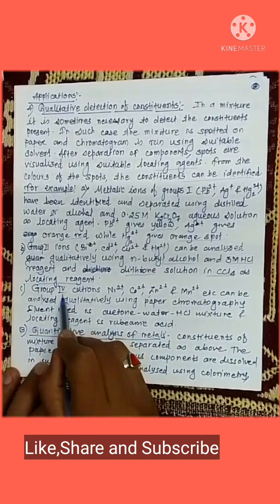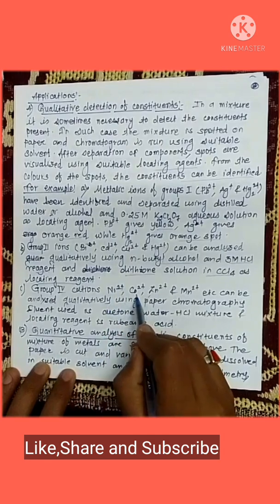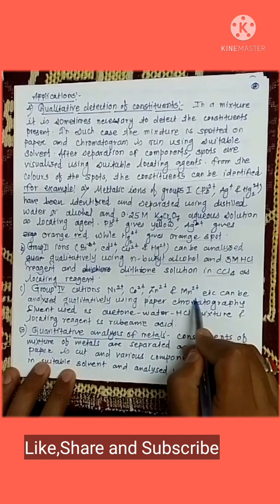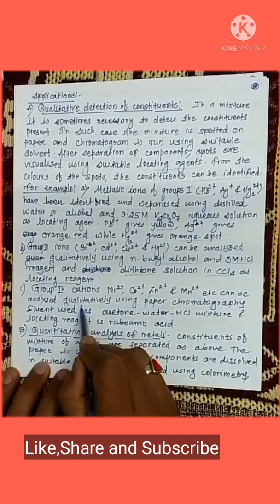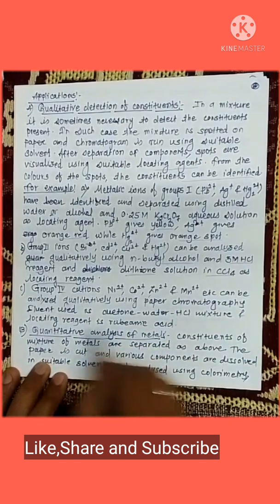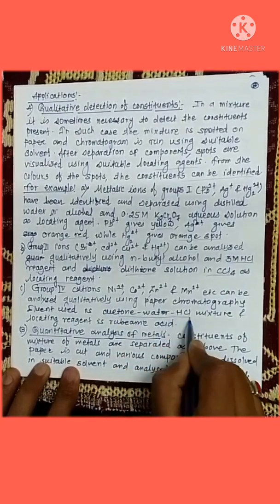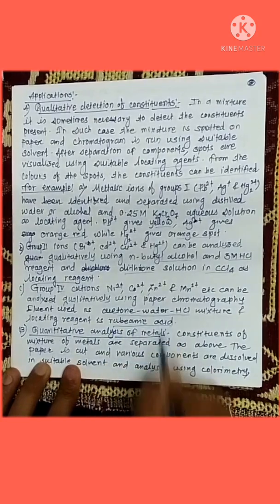Group 4 cations, nickel 2+, cobalt 2+, zinc 2+ and manganese 2+ etc. can be analyzed qualitatively using paper chromatography. The eluent used is an acetone water HCl mixture and the locating agent is rubeanic acid.